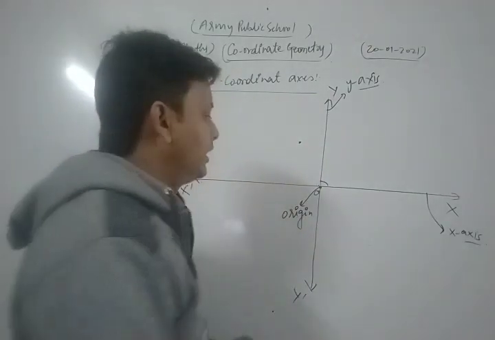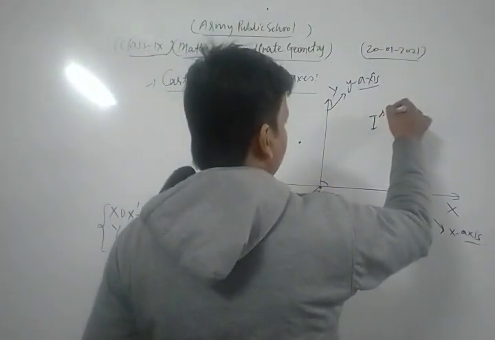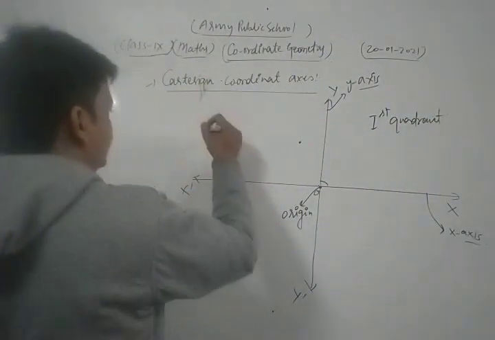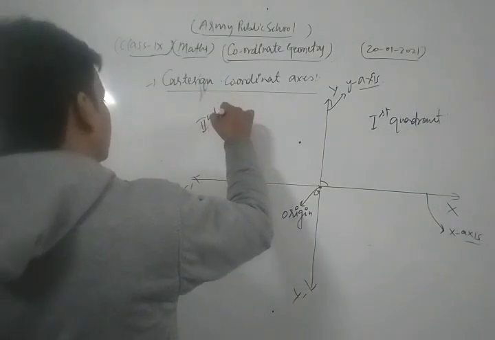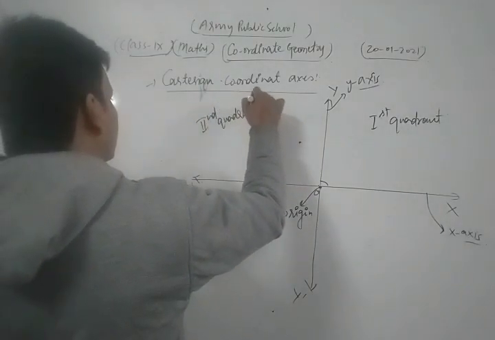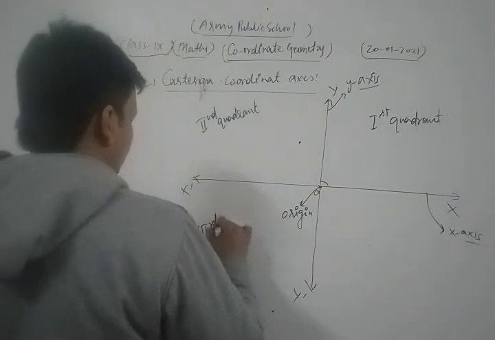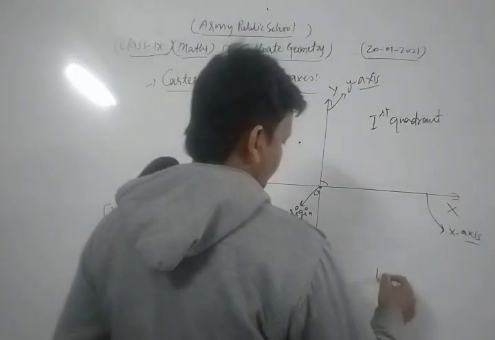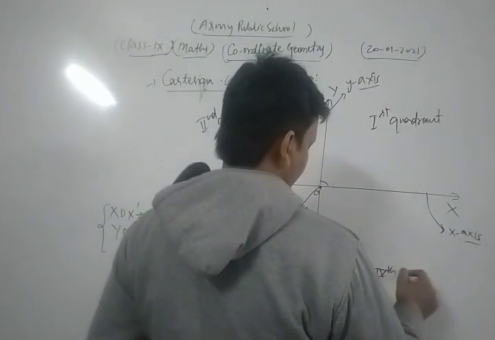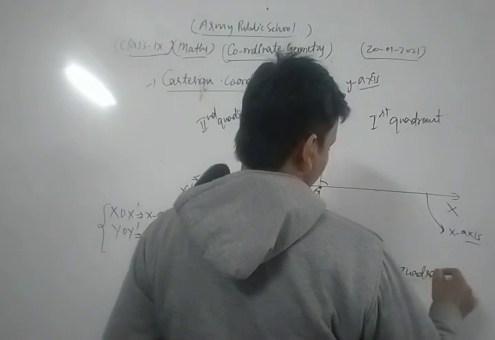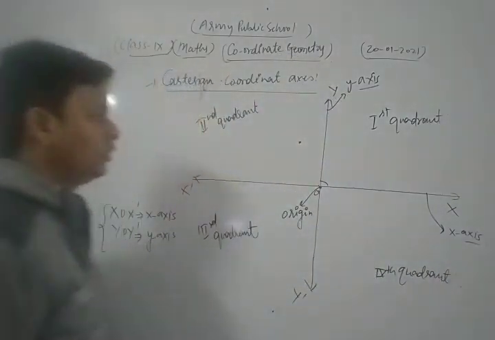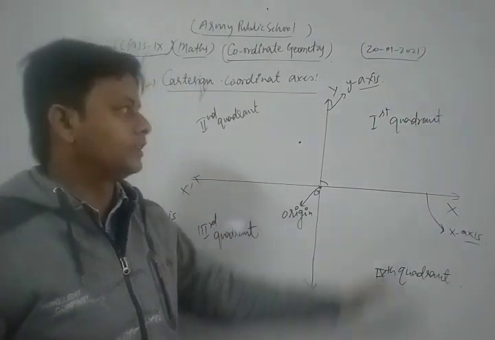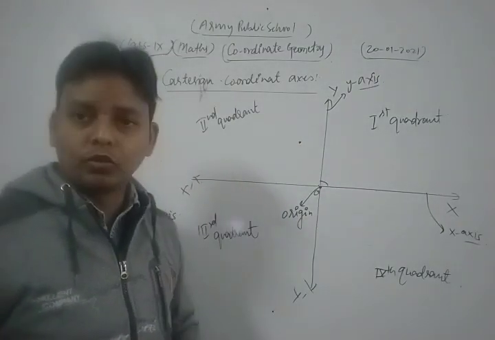This is the first quadrant, this is your second quadrant, this is your third quadrant, and this is your fourth quadrant. So in the Cartesian coordinate system, there are four quadrants: first, second, third, and fourth.